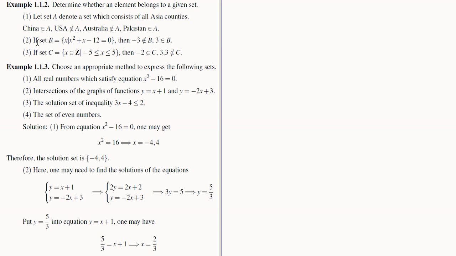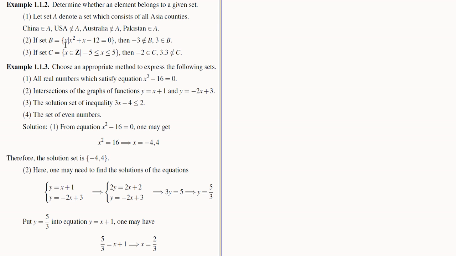Question 2, if we let set B denote the solution set of x squared plus x minus 12 equals 0.